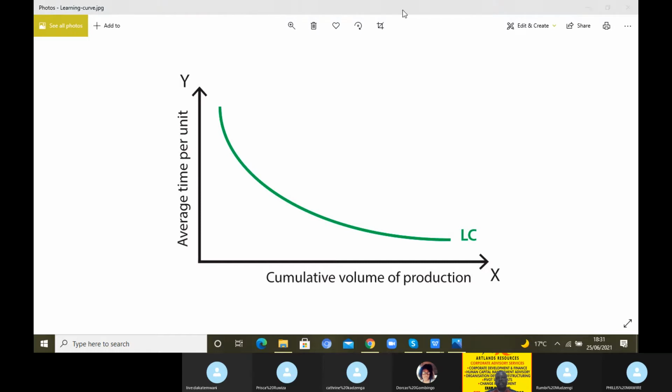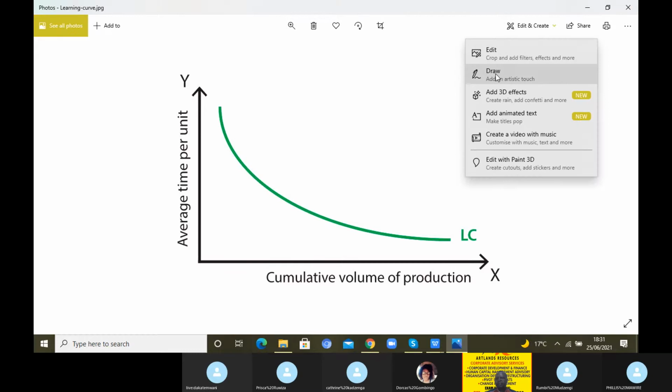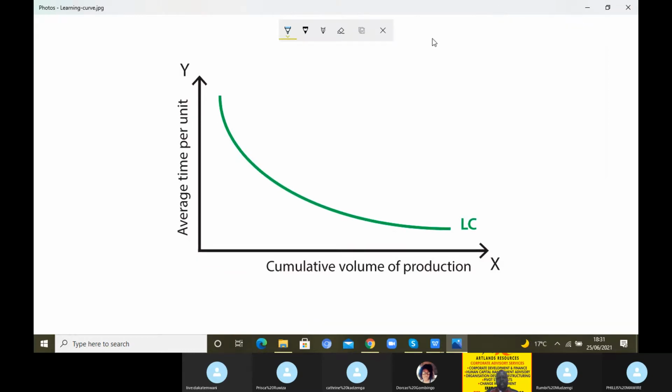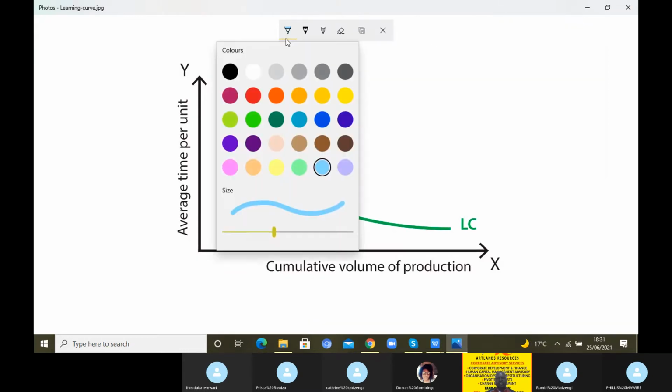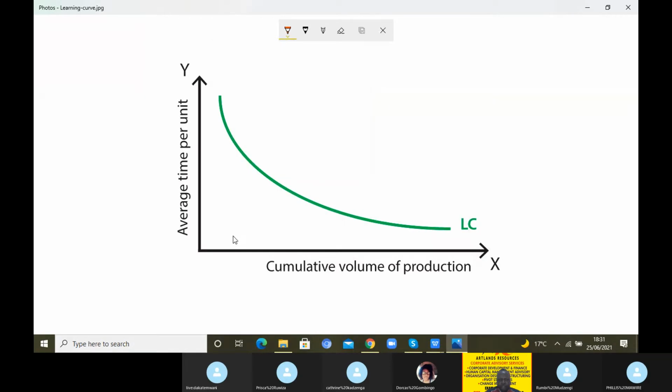So this is the diagram in question. Notice in this particular diagram, there was a learning effect until you produce this level of output. If I call this A, for example, once you produce A, there is no more learning.